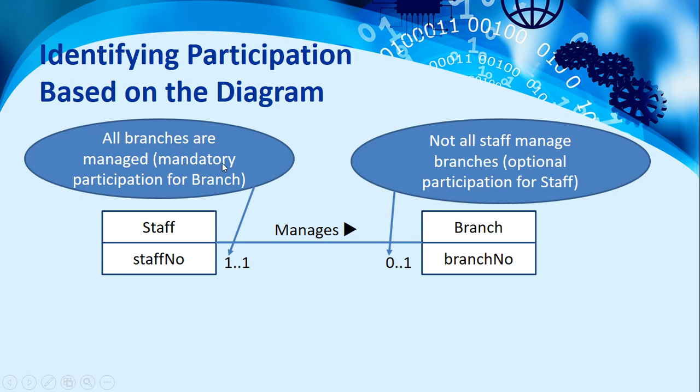Since all branches are managed, the participation of branch is mandatory. It's really easy: if 0, it's automatically optional. If 1, mandatory.